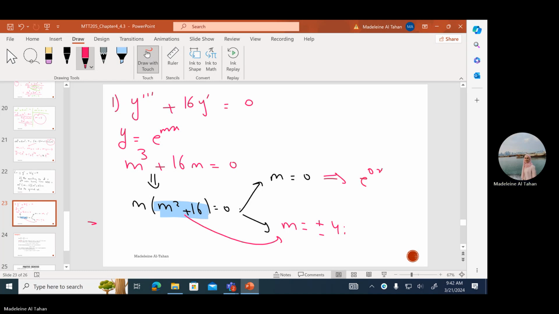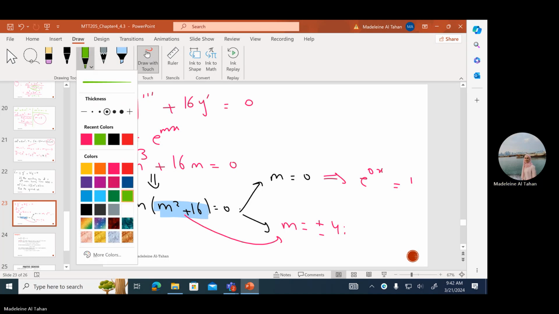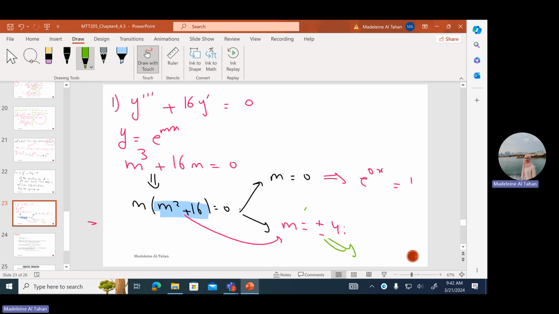This one, what does it imply, miss? e^(0x), which is 1. And this one, what does it imply? This is alpha equals 0 and beta is equal to 4. So this one implies e^(0x) cosine 4x and e^(0x) sine 4x. Right, miss? And again, e power 0 is what? 1.